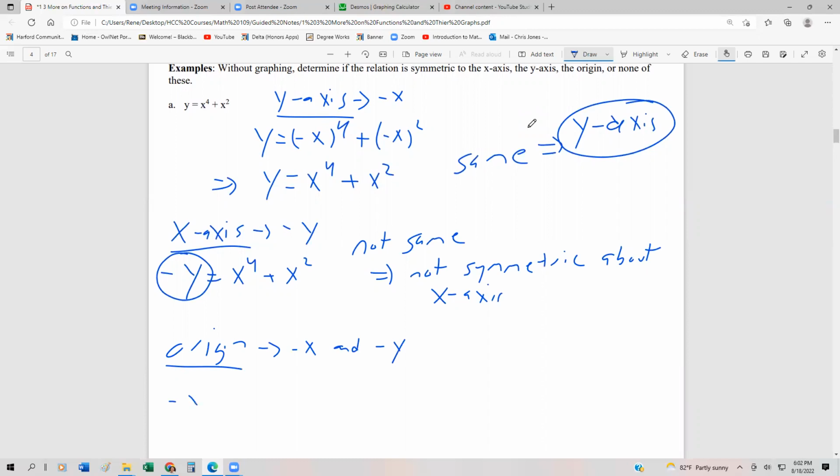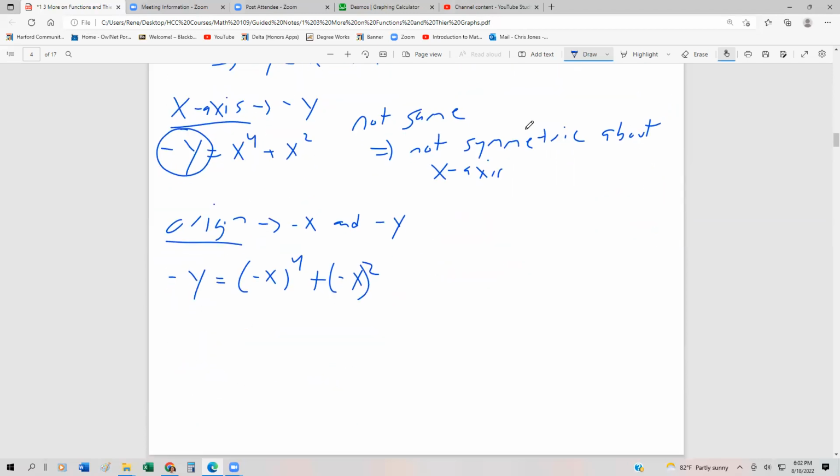If we do so, we get negative y equals negative x to the fourth plus negative x squared. And if we simplify the right-hand side, that's easy. We just get negative y is equal to x to the fourth plus x squared. But that's the exact same expression that we got before when we checked for symmetry about the x-axis.